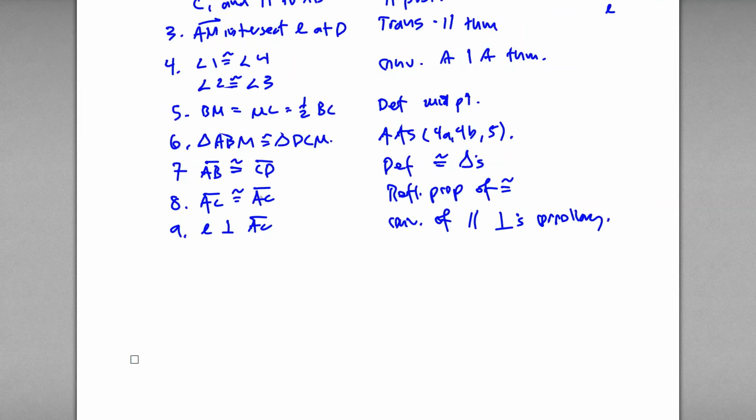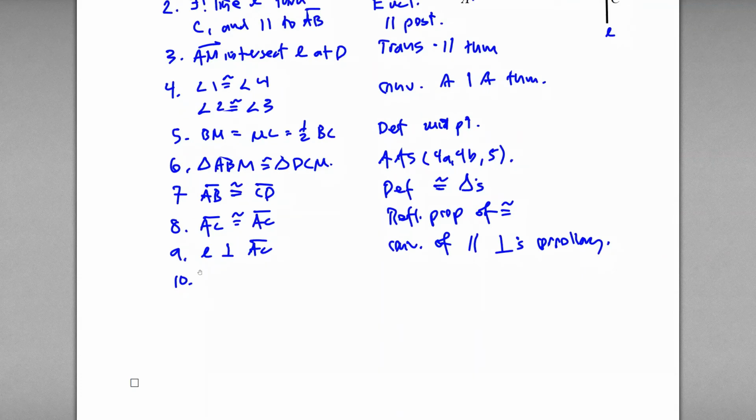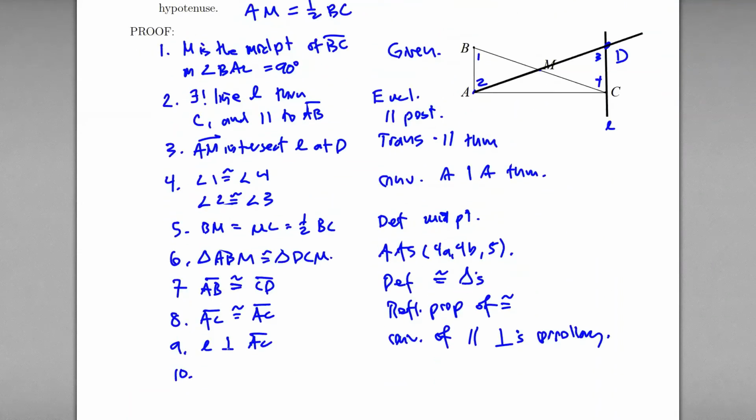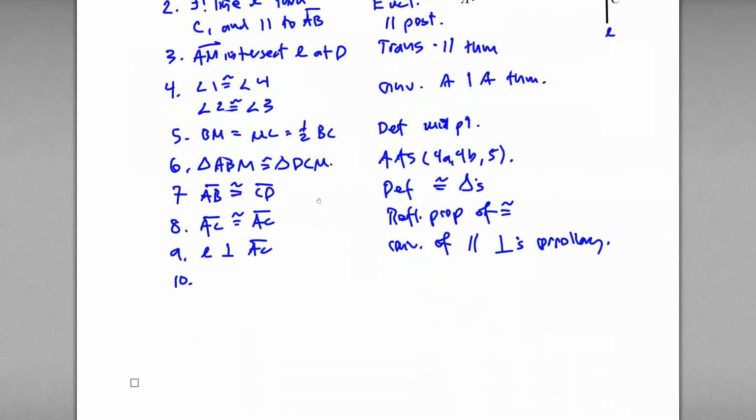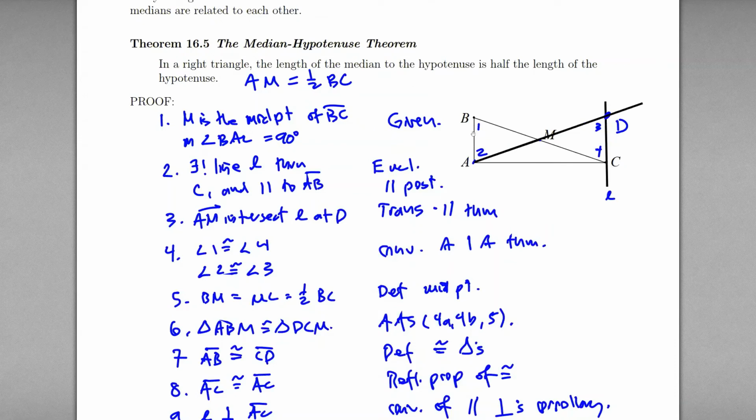Excellent. This proof is several steps long. We've got 5 more steps to go after this, so 6 really. Since L is perpendicular, we get the measure of angle ACD is in fact 90. The measure of angle ACD is equal to 90 degrees by the definition of perpendicular lines, which allows us to recognize that angle ACD is congruent to CAB.